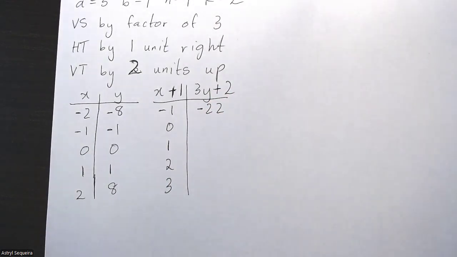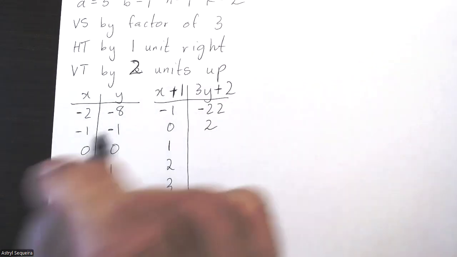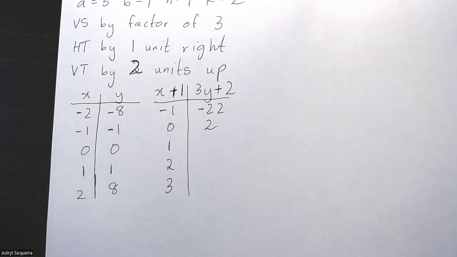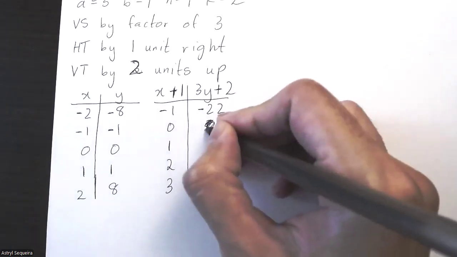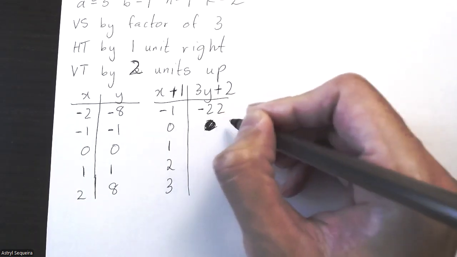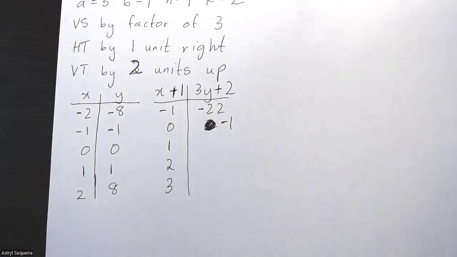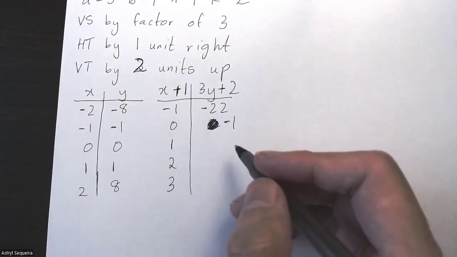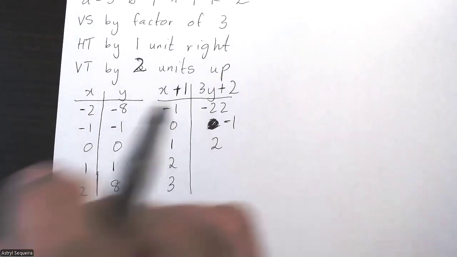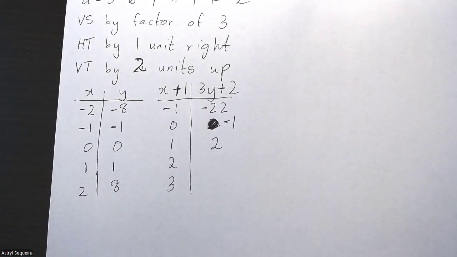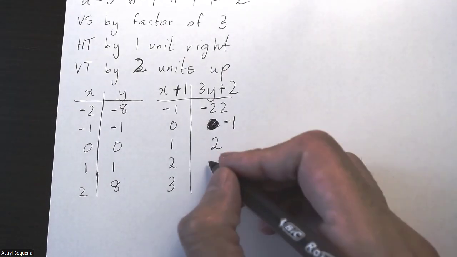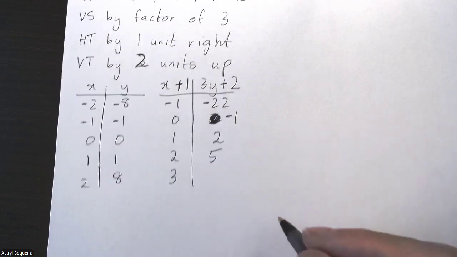So negative 22, oops, I think I made a typo there. Not 2, sorry. Negative 1. This one's 2. 5.